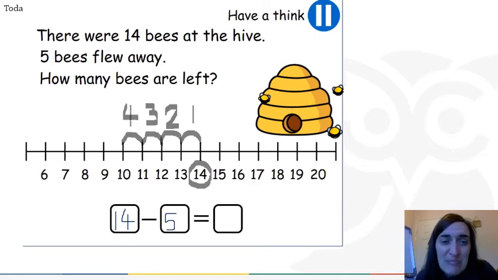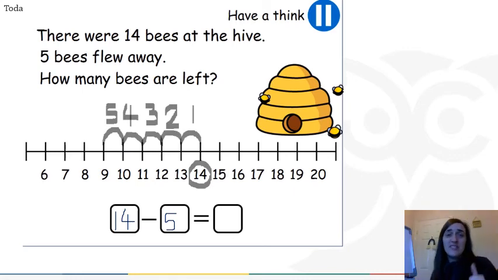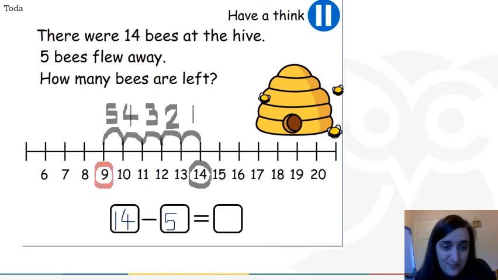Can you do one more jump? 5 bees flew away. 5 jumps backwards, making our number smaller and smaller each time as those bees fly away. And the answer? What is the answer? We've landed on 9. Brilliant. So 14 take away 5 equals 9. Did you get that? High five.